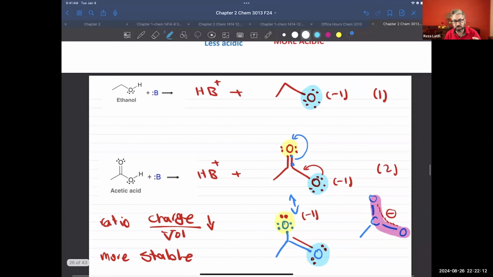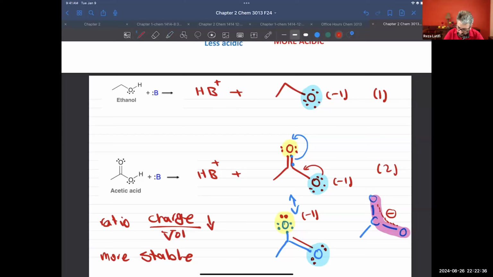So now, the points that I want to say, we need to be careful about it. What will happen if we get resonance structure? If we get resonance structure, we can easily distribute the charge. And because we can easily distribute the charge, the conjugate base will be more stable.